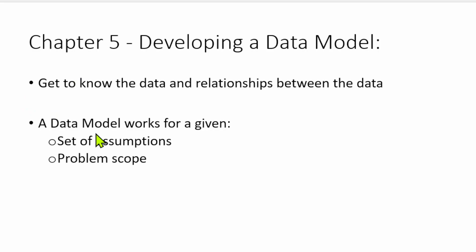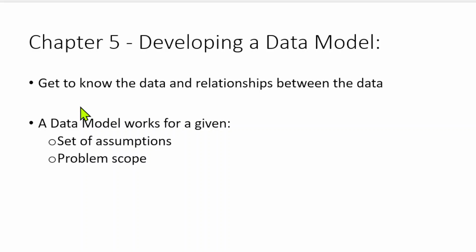When you're looking at your data model, not just the data, you want to make sure it works for a given set of assumptions and within the project scope. What is the problem? What is the scope of the problem? And do we have assumptions?